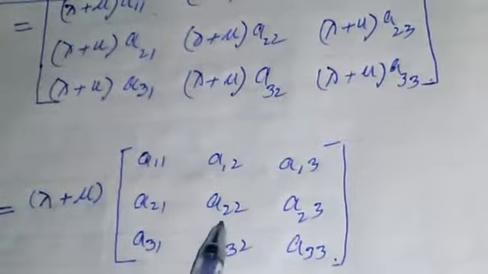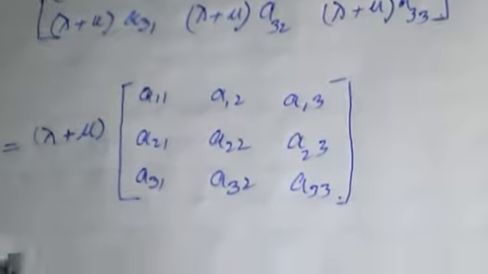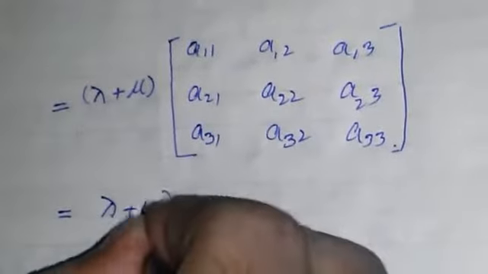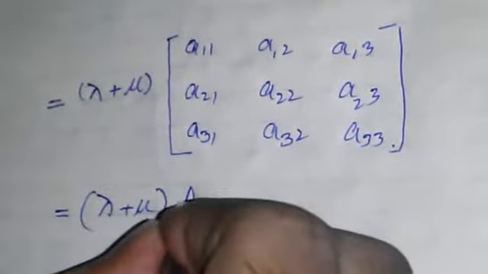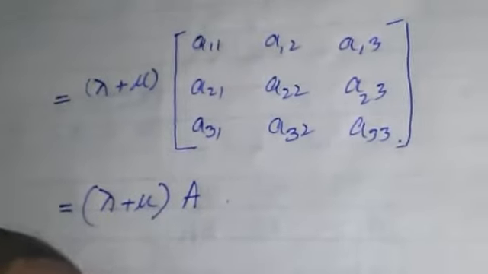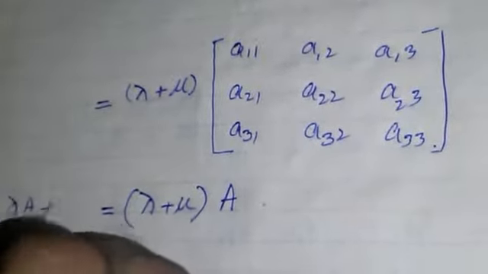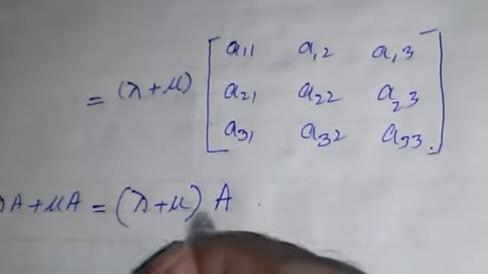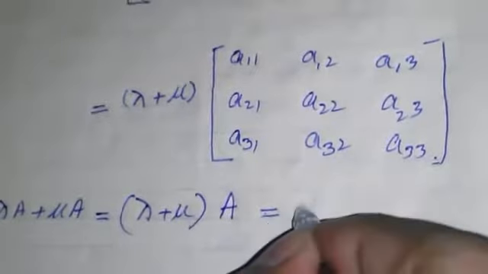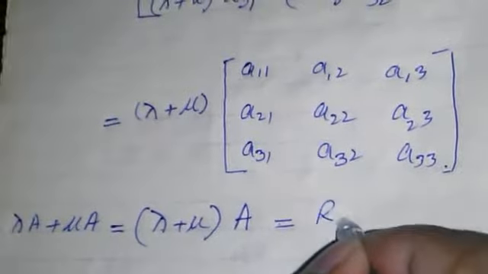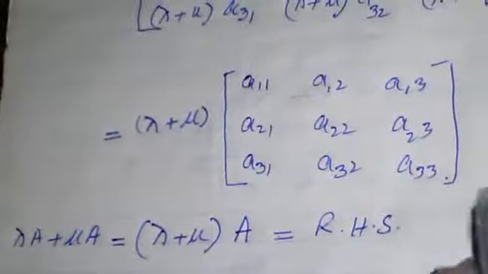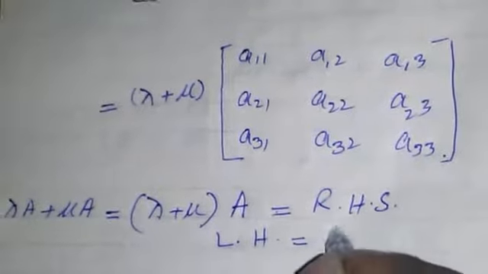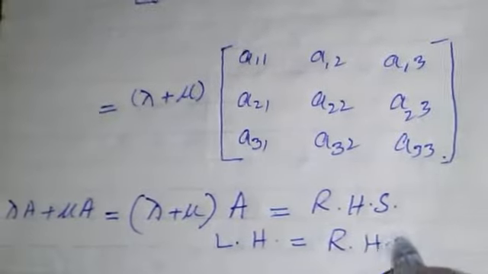Now if we look, this matrix is equal to A, so it is lambda plus mu into A. So lambda A plus mu A is equal to lambda plus mu into A, which is equal to the right hand side. So left hand side is equal to right hand side.